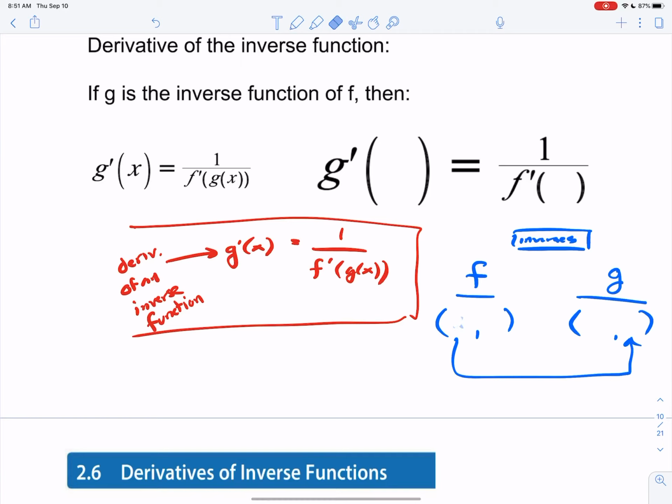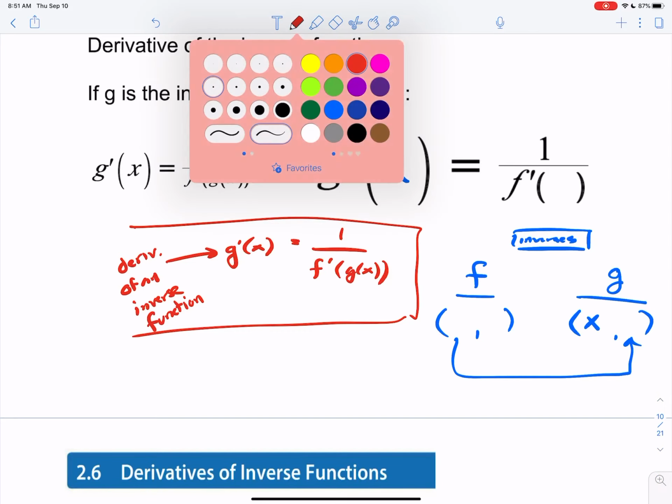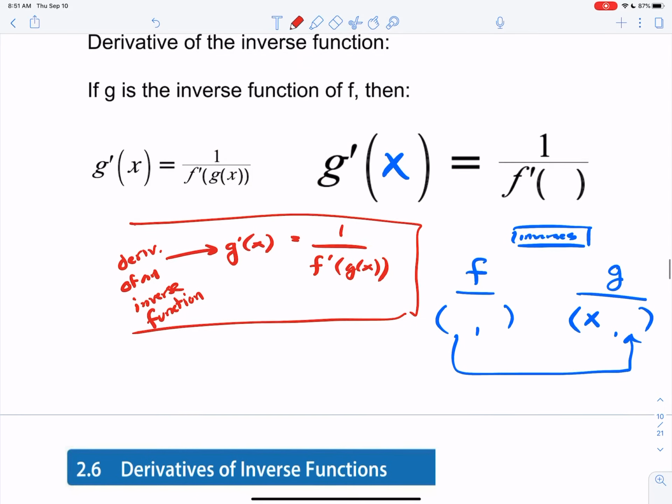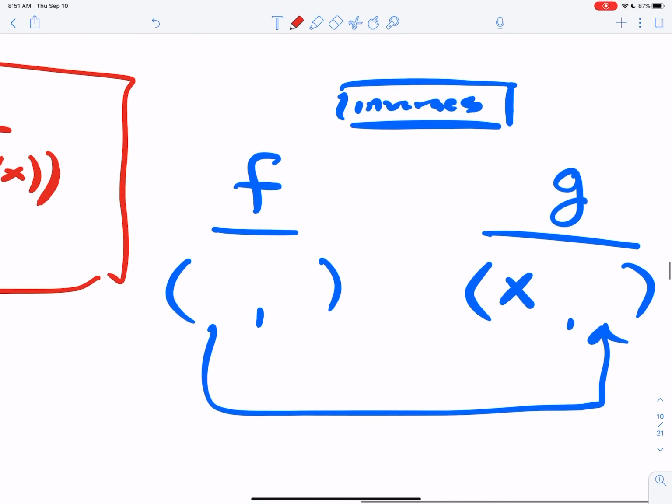If I start off with g, because I'm finding g prime of x here, okay? I'll color code this so it's easier for you guys. The x coordinate of g will be the same y coordinate of f. So I'm just going to use the same variable but a different color.